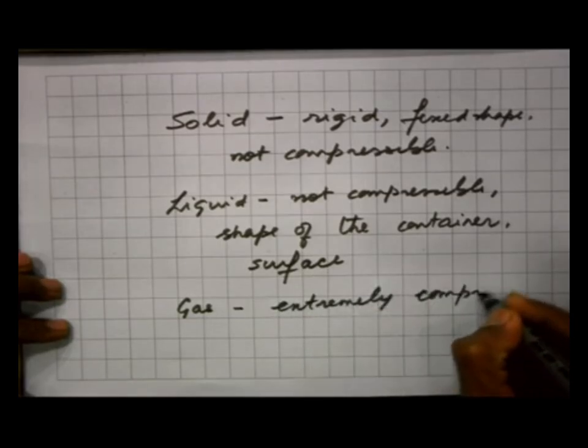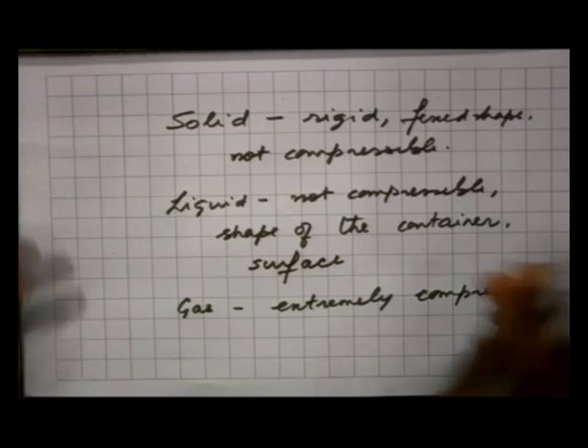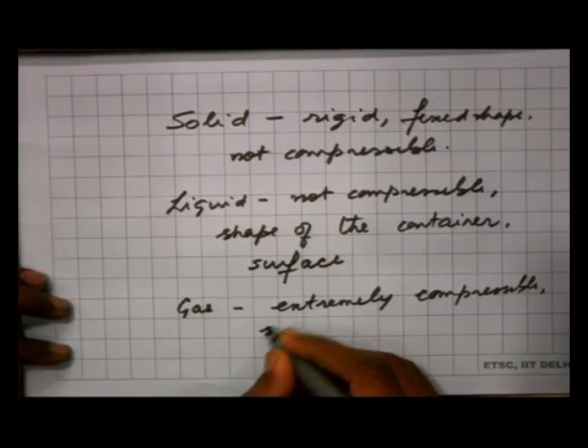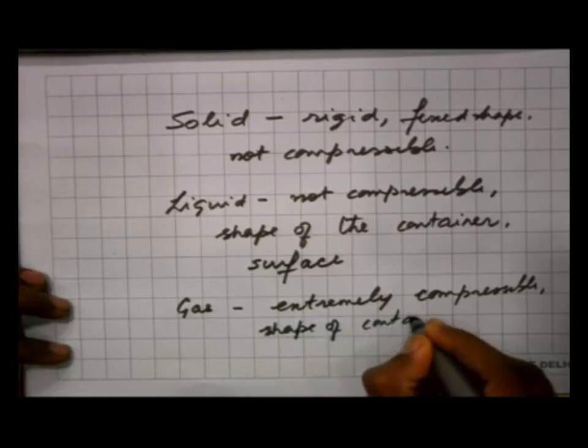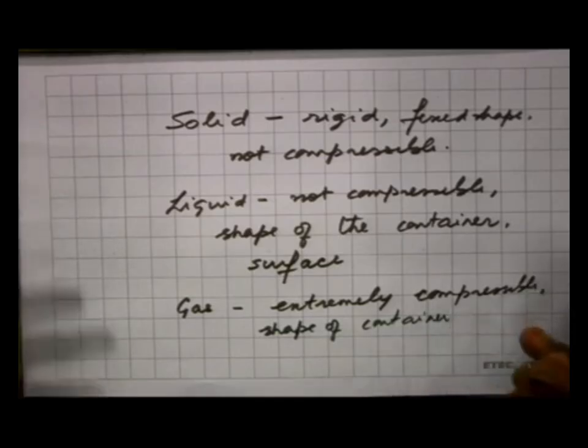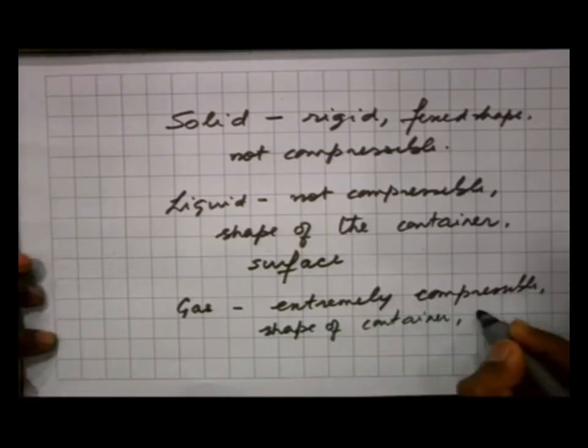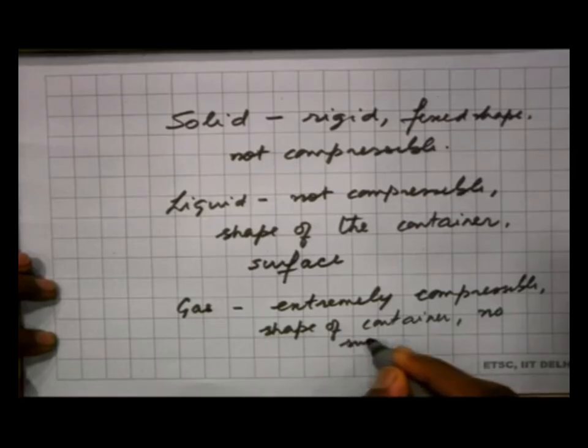That is, if I take a gas and I apply a pressure onto it, the volume will shrink very easily, and we see this in everyday life, and it takes the shape of the container. So, you can confine a gas into a container of any shape, but unlike a liquid, it has no surface.